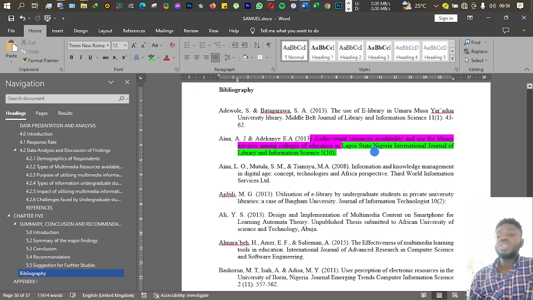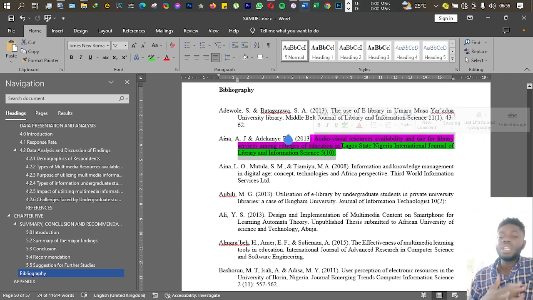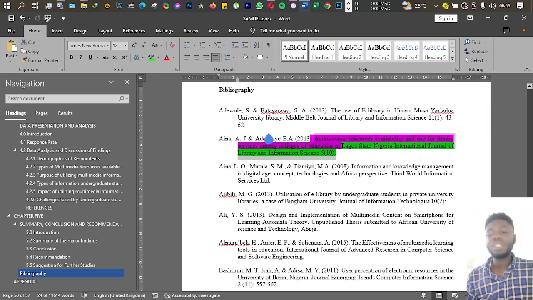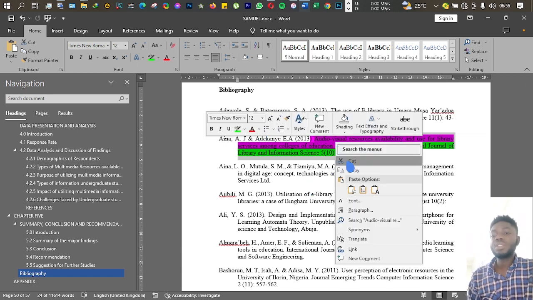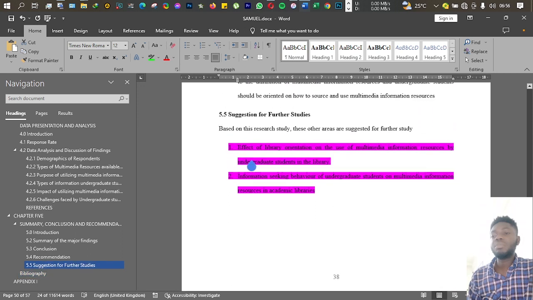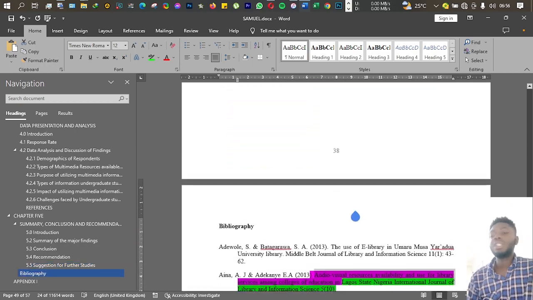But it is possible for you to conduct a very similar study, not exactly verbatim, to this in your own university or educational institution. So a quick tip is you can actually use this as the basis for suggestions for further studies. If you don't know how to do it, let it be related to what you have already done.